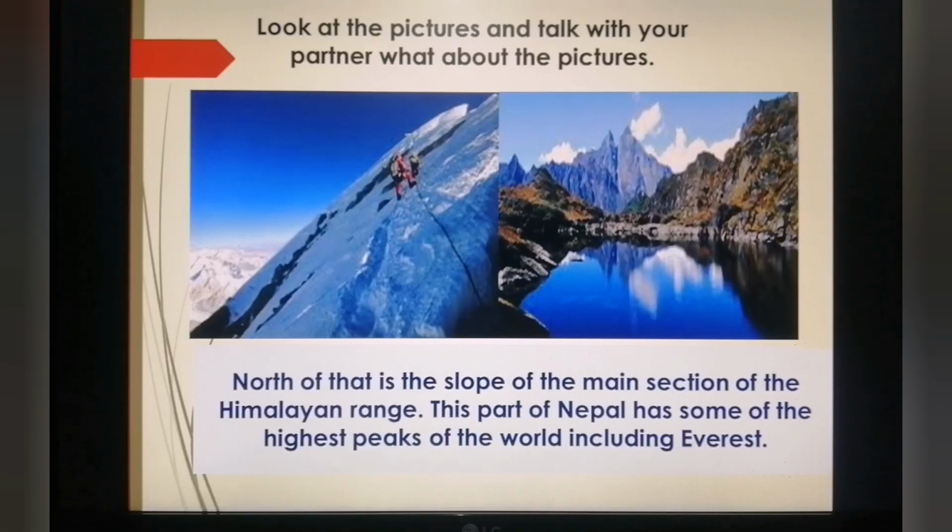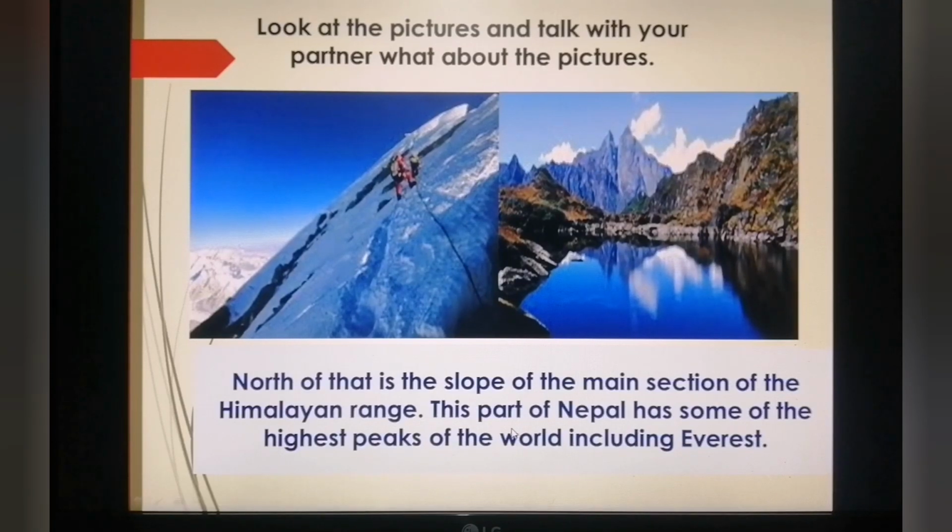So, if you ever wish to visit Nepal, you can consider the north part, because the north part of Nepal is the slope of the main section of the Himalayan range.